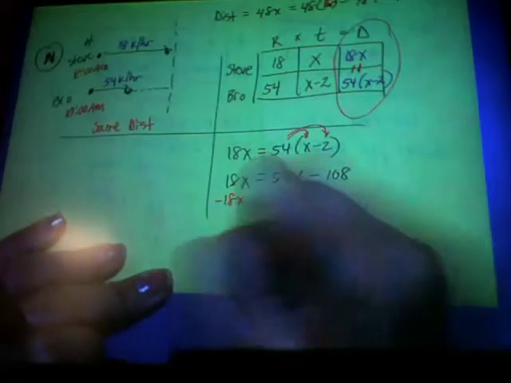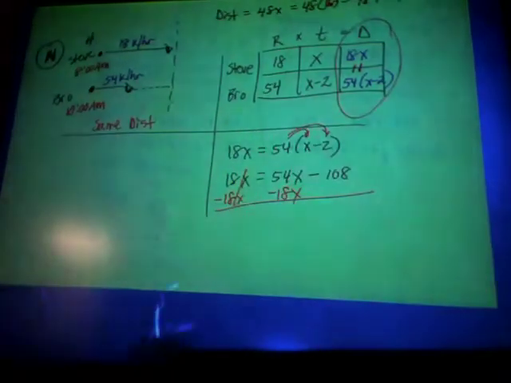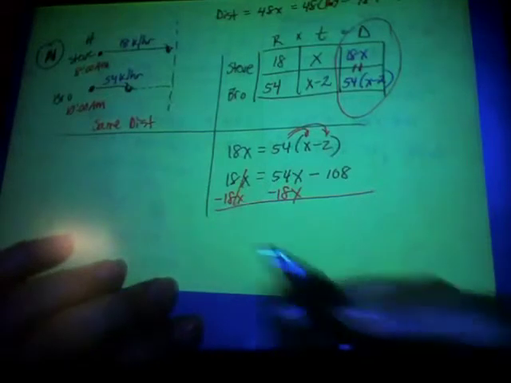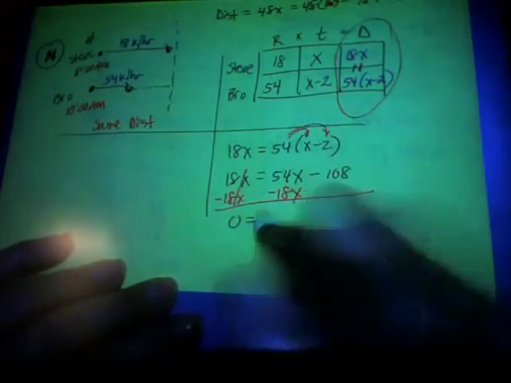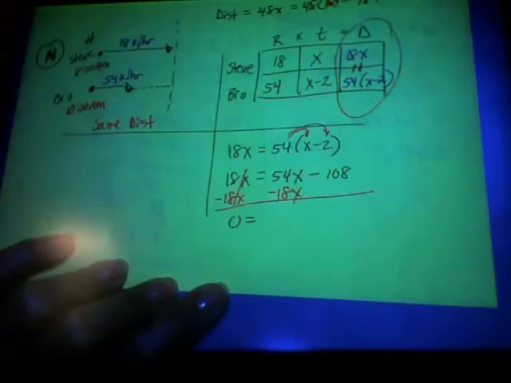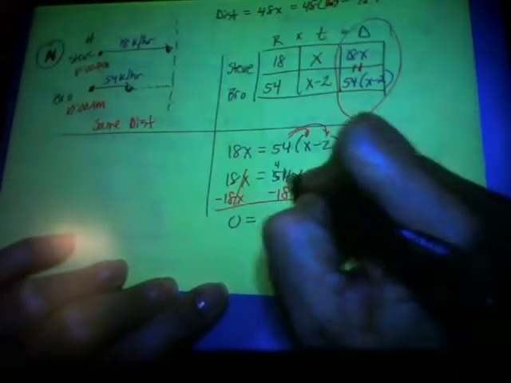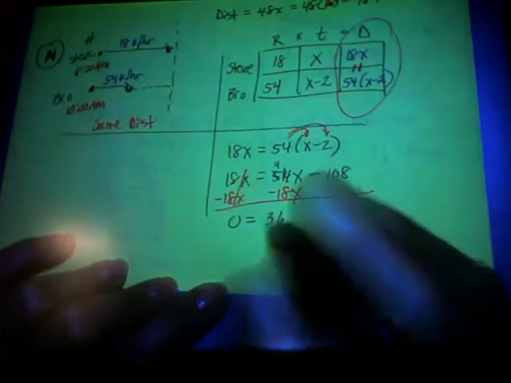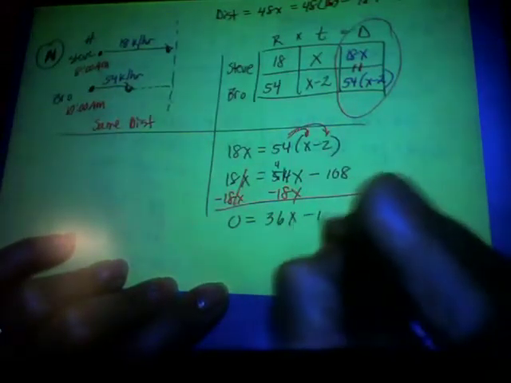So I would be subtracting 18x from both sides. What does that leave you on the left? Everything cancels out. What are you left with? 0 equals, what's 54 minus 18? We'll borrow, right? What's 14 minus 8? So don't you get 36x minus 108?